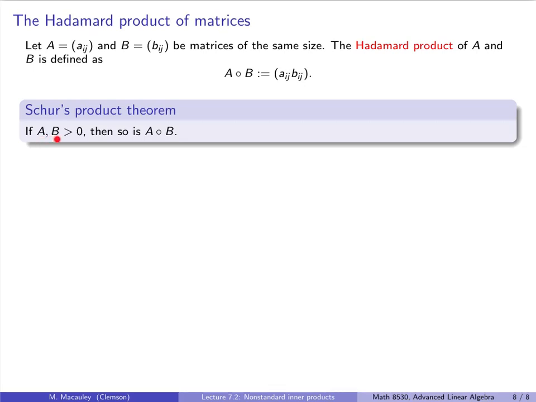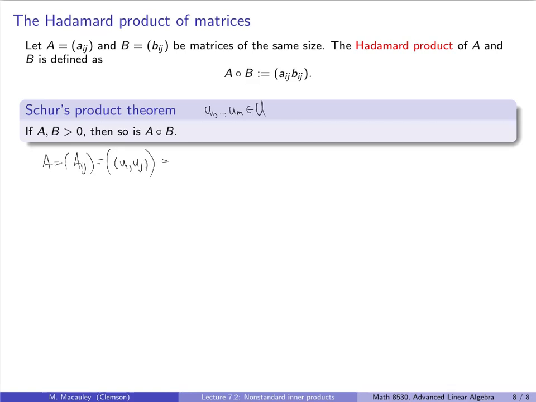So since A and B are positive, they are Gram matrices. All we have to do is show that this matrix is a Gram matrix as well. So let's write A, which is Aij, as a Gram matrix. So we have some vectors u1 up to um in an inner product space U, so ui dot uj.